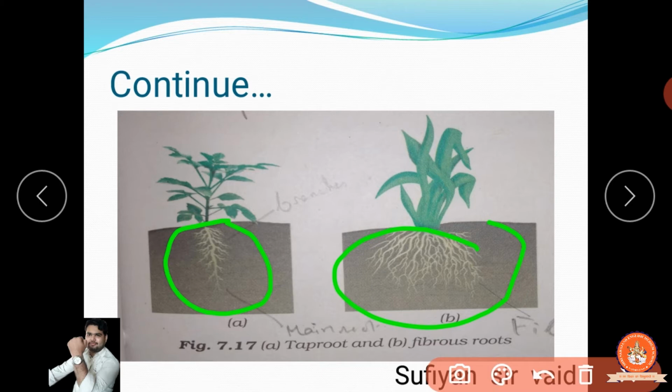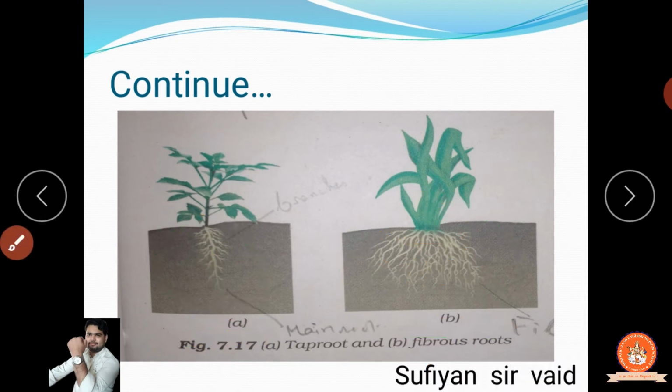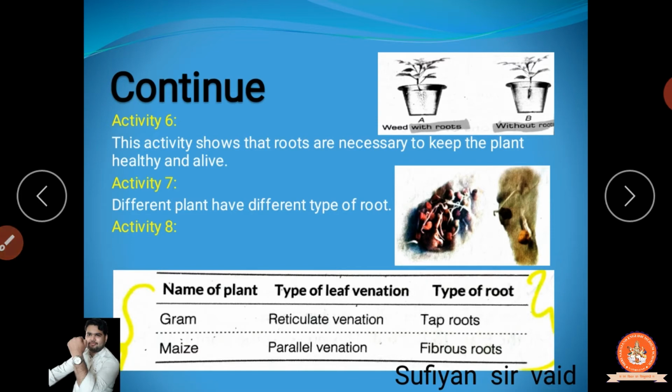In the taproot there is one main stem going down, and from that main root downward we get other smaller roots, so you will see small roots on the sides. This will be the main root, and on the side you will see other roots. Clear? Look here. In the fibrous root there is no single main root. Here, from the down portion, we get many different roots; they are not one system. And here one big stream goes downward. This is the taproot and this is the fibrous root. Clear?